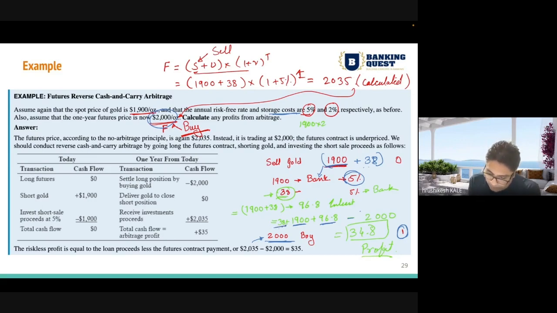This 38 is my storage cost, this 1900 is the selling price of gold, and this 96.8 is my interest. All these things I am getting, and I am paying this much, resulting in a risk-free profit of 34.8. Any questions here? Please ask.